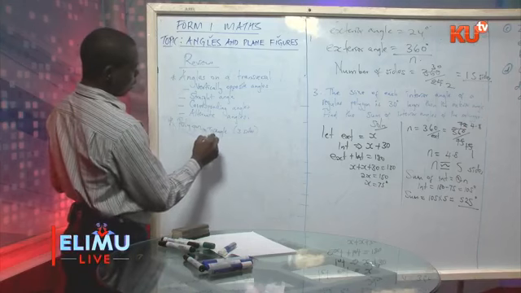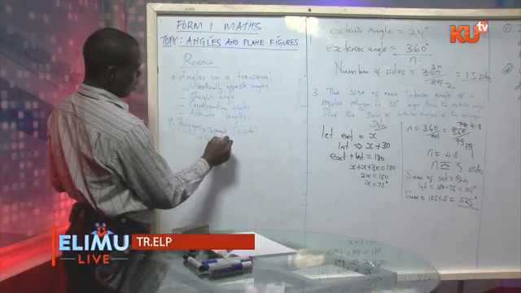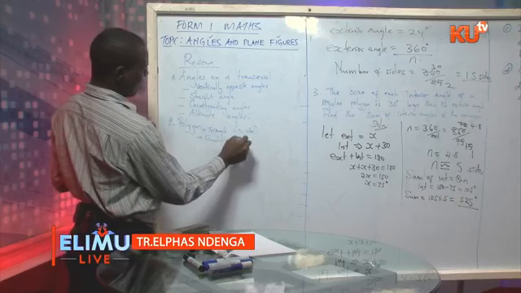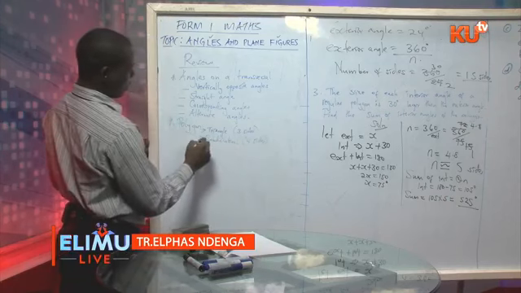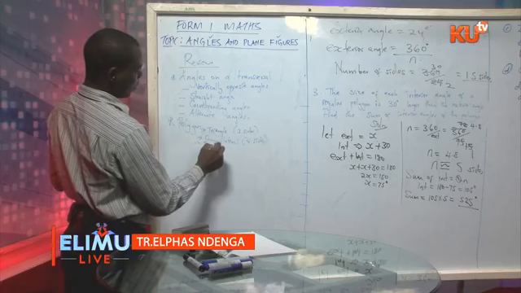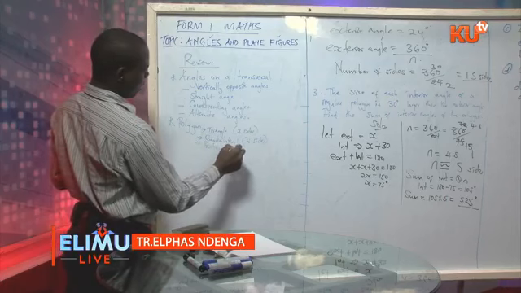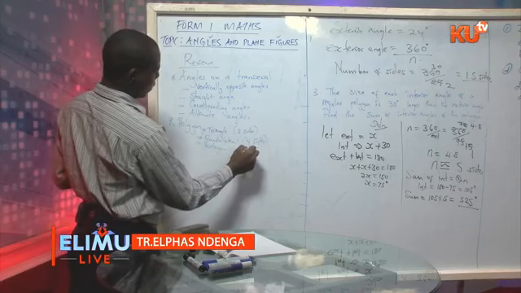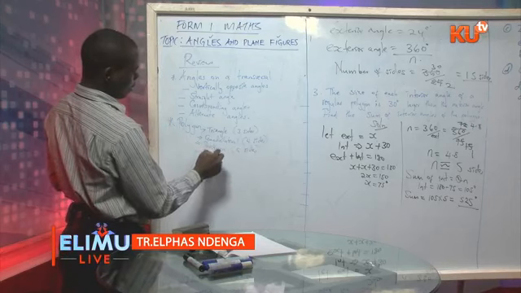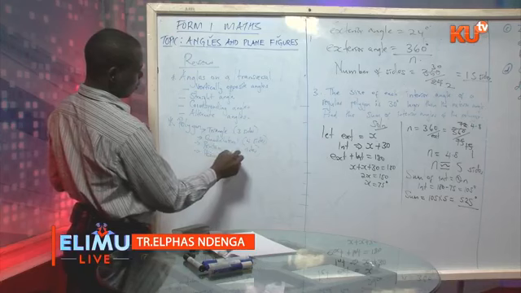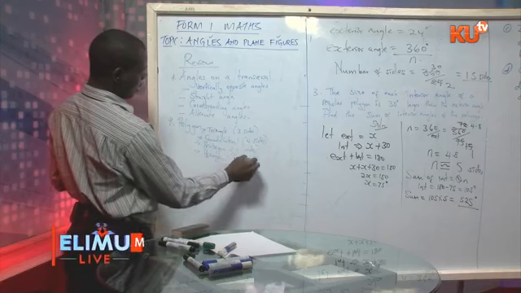We've mentioned a quadrilateral, a polygon with 4 sides. A pentagon, being a polygon with 5 sides. We've mentioned a hexagon. A hexagon is a polygon with 6 sides.